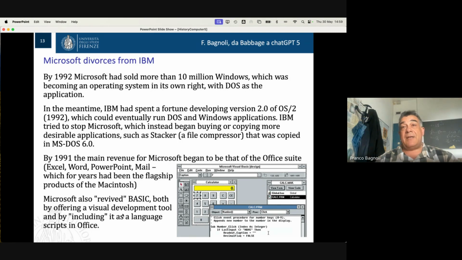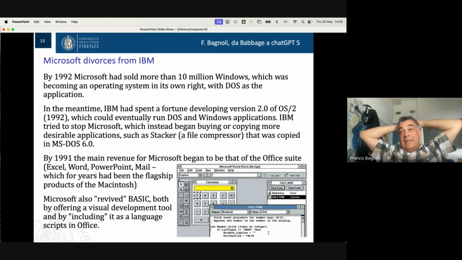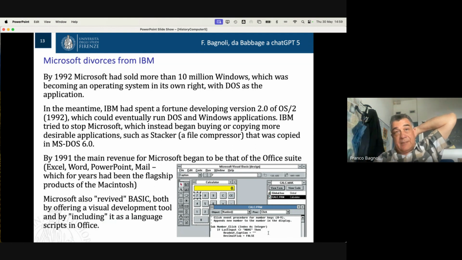At the same time, it started to relaunch BASIC as the standard scripting language, so that it sold, for instance, Quick Basic, but also included Visual Basic as the scripting language of the Office suite, as it is today, so that you could develop custom macros in Excel, or automatic macros for Word, and so on.